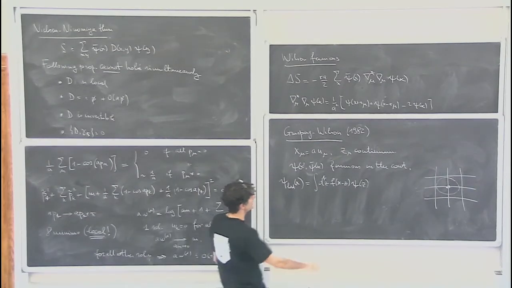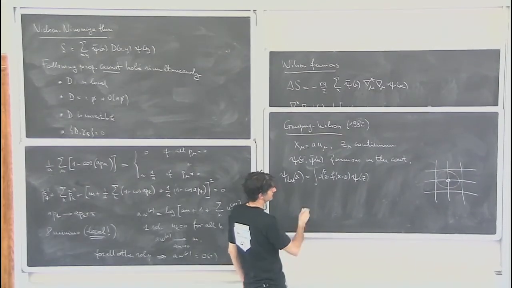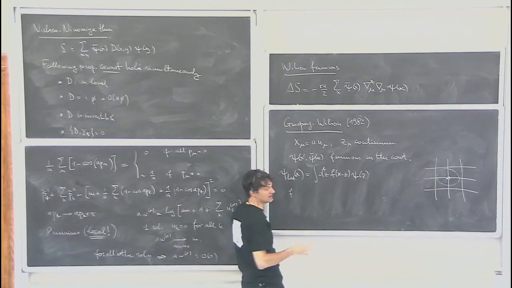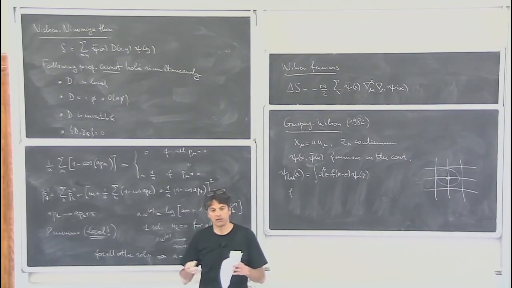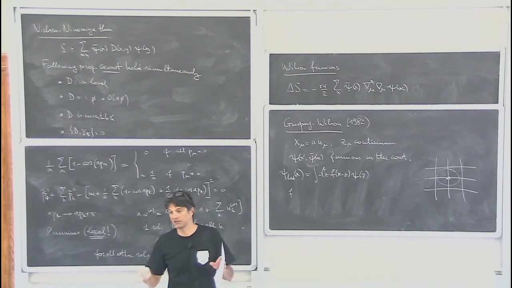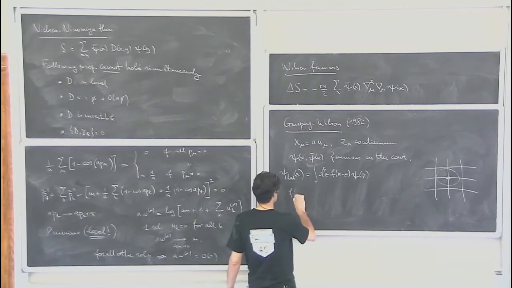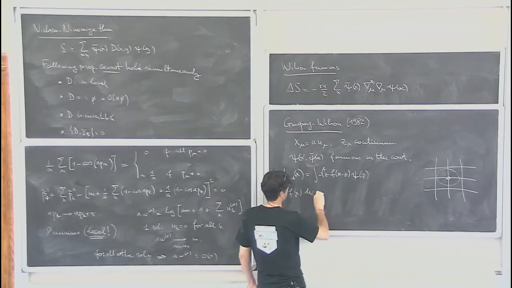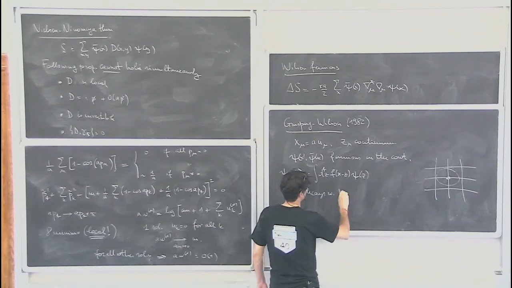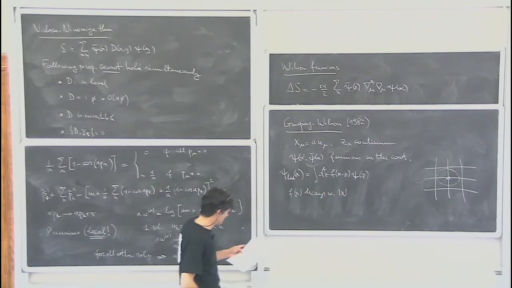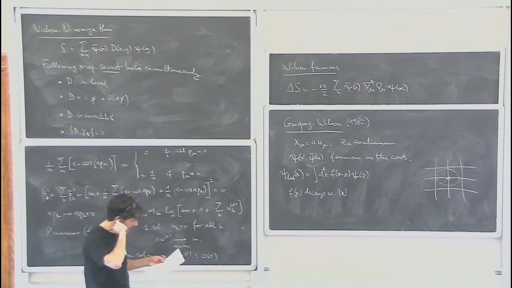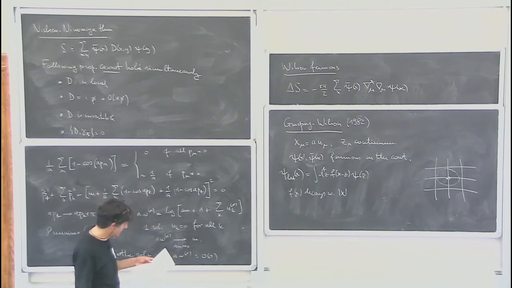Okay? This f is a function that decays sufficiently quickly as the distance is increased. Okay? f of x decays with x. And I don't need to specify the rate at which it's going to decrease. I'm going to assume that everything that we do is fine.